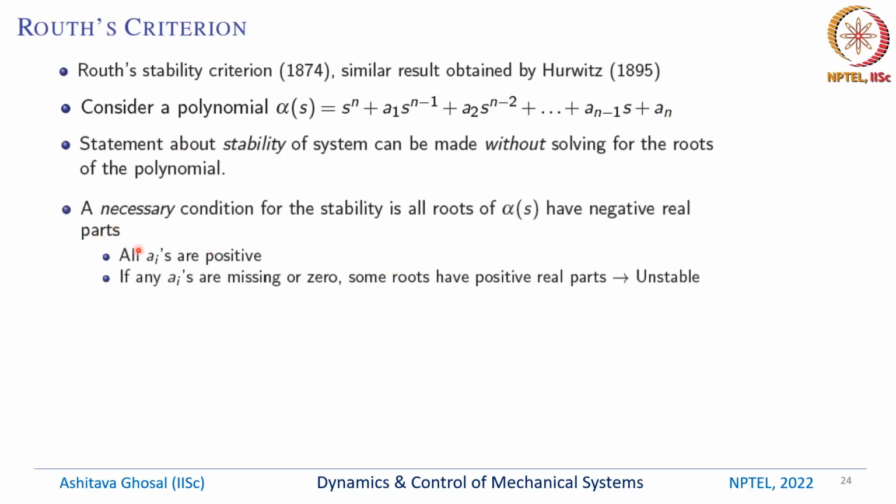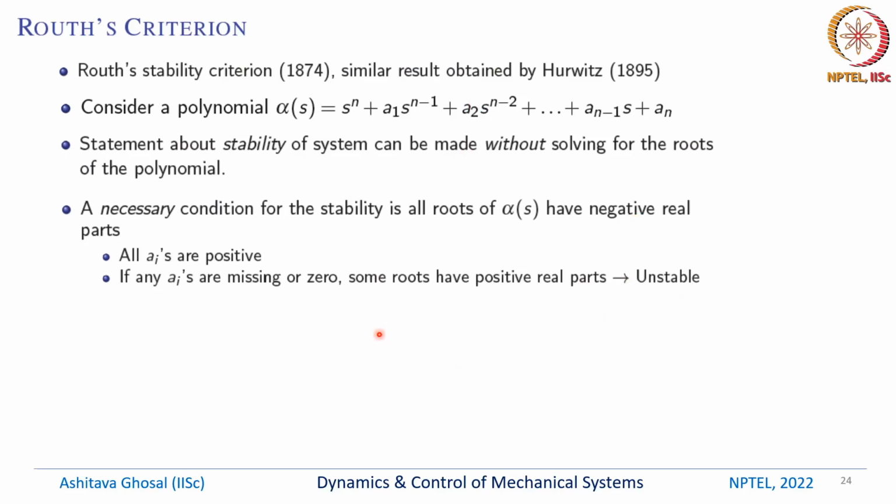A necessary condition for stability is that all roots of alpha of s must have negative real parts, which we know. One of the conditions for this is that all the ai must be positive. If any ai are missing or 0, for example a2 is 0, then some roots will have positive real parts, and hence it is unstable.